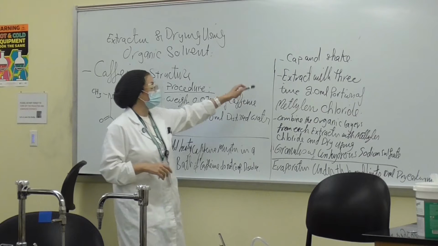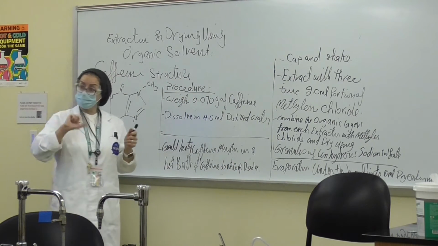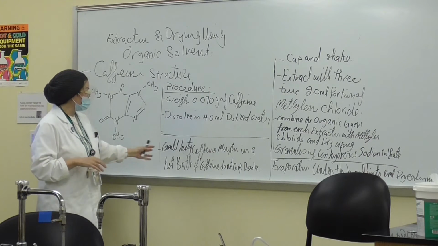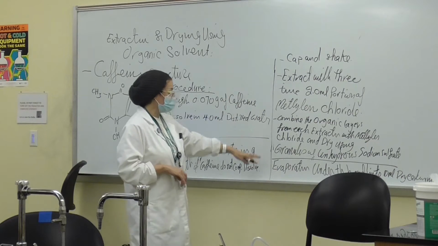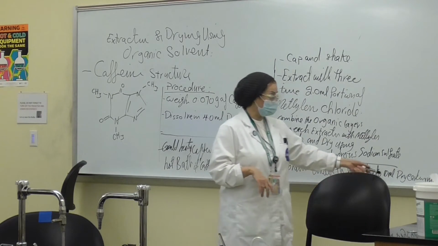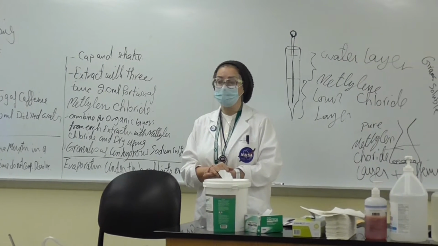After that we go into the extraction, and after we shake it, we make sure it is dissolved in water. From the extraction, we go into the drying step. This is basically what we are doing today.